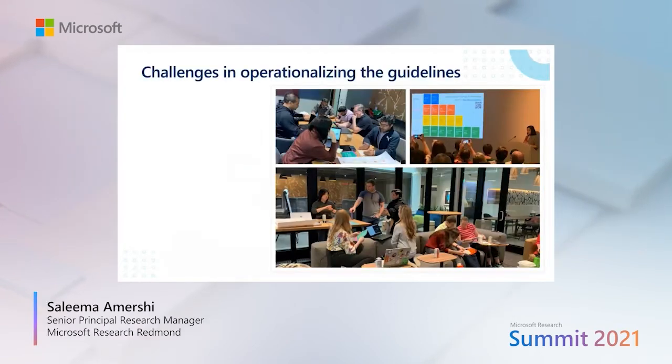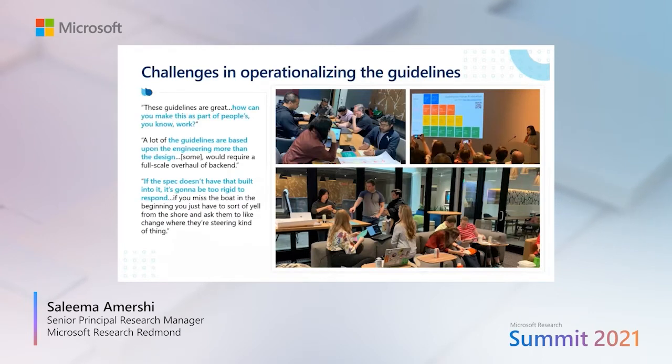Now, while the guidelines are widely used, throughout our many workshops, talks, and engagement with teams, we've continued to learn about challenges that they're facing, including how to make the guidelines part of people's everyday work, because while they describe best practices, there's still work to be done to include it in our everyday work processes.